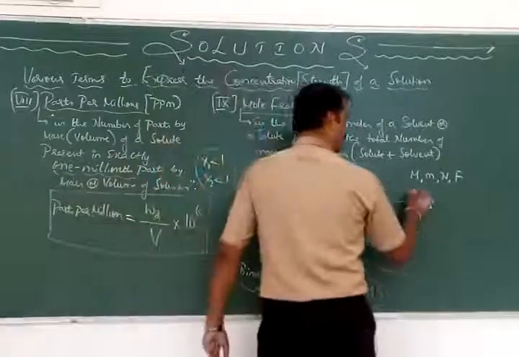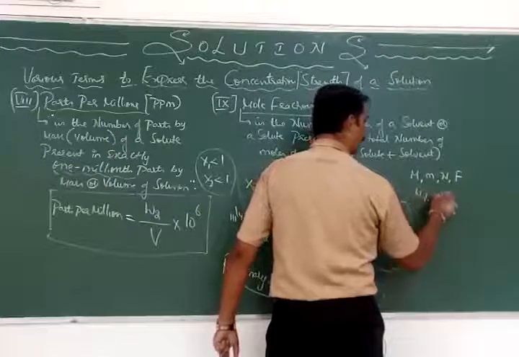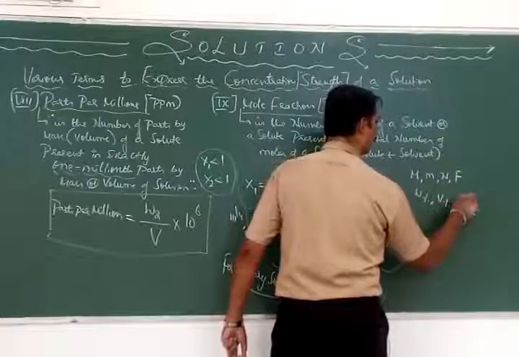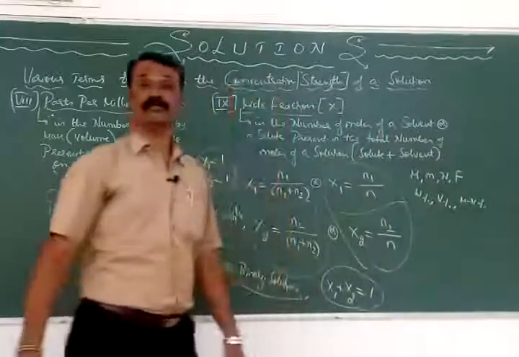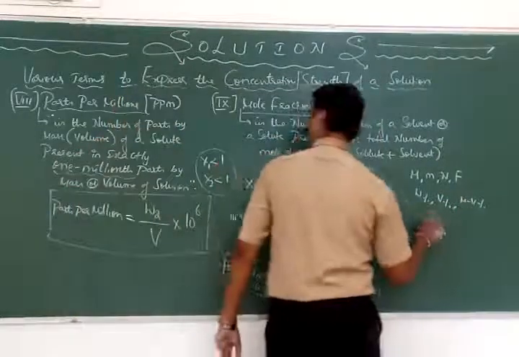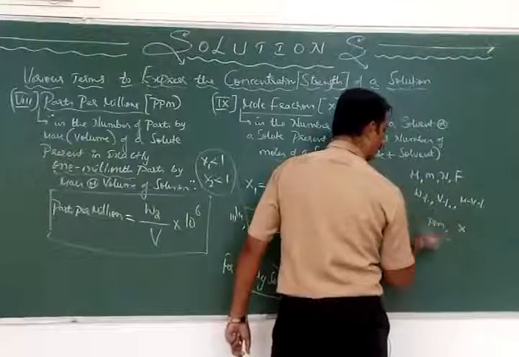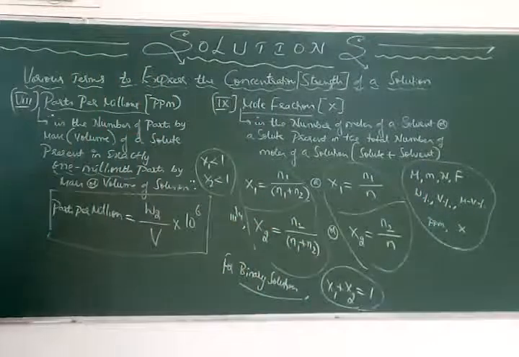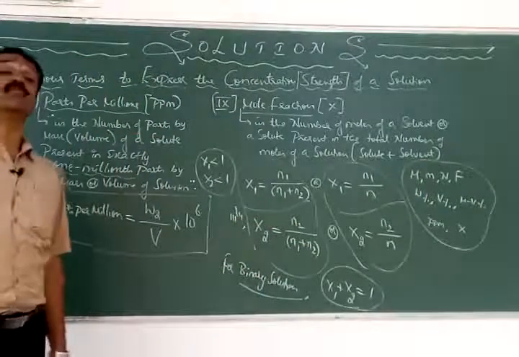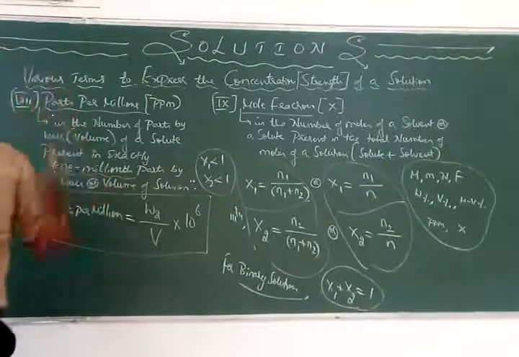Then mass percentage, volume percentage, mass volume percentage. This is the second category. And lastly, we are having the parts per million and then the what fraction? Mole fraction. So these are the 9 different terms to express the strength of a solution, and that strength of a solution is also called as which one? The concentration of a solution.